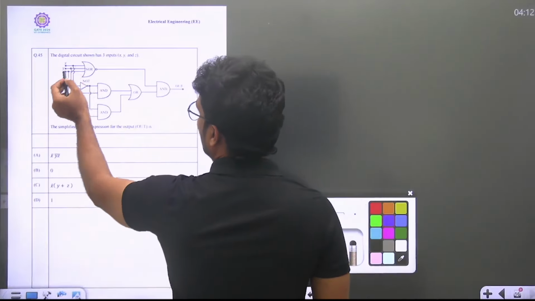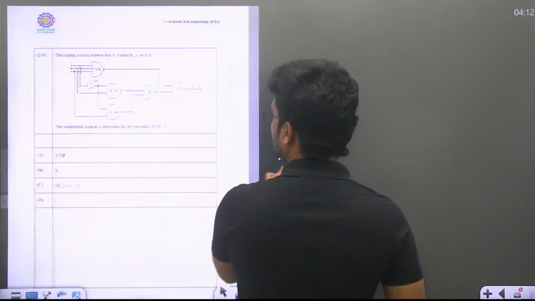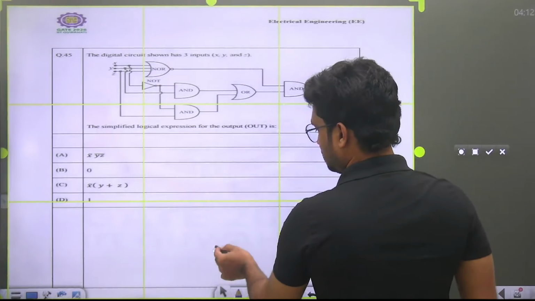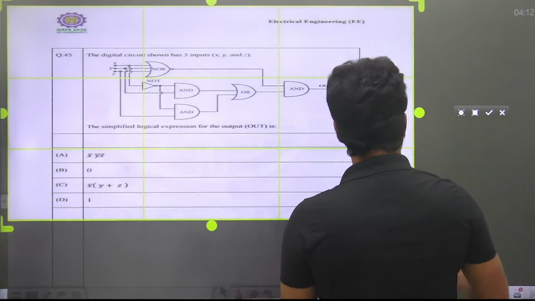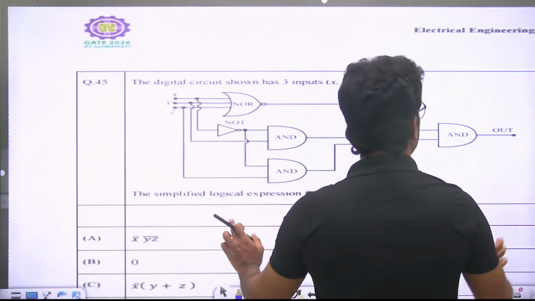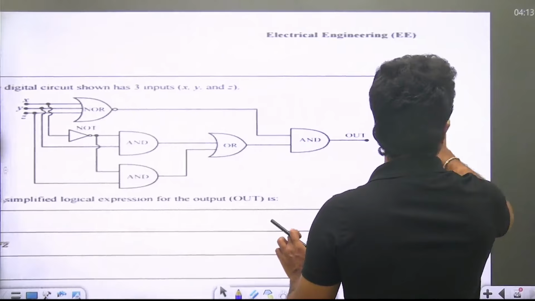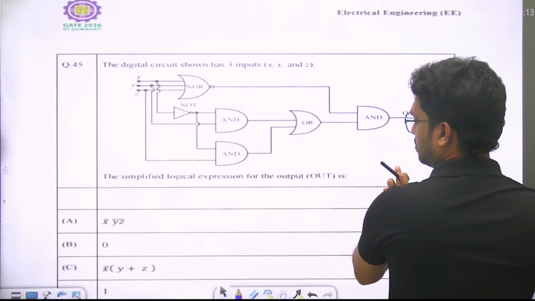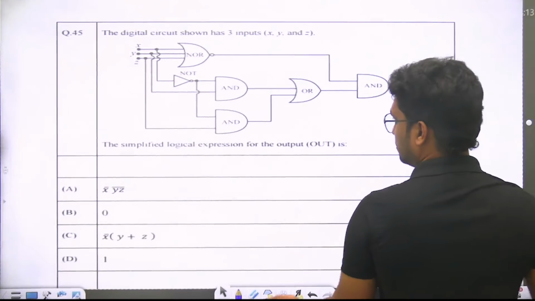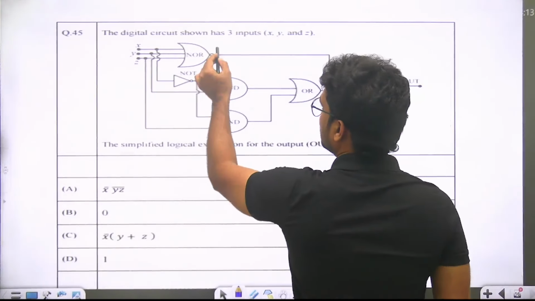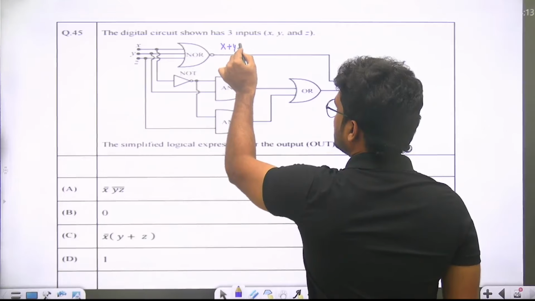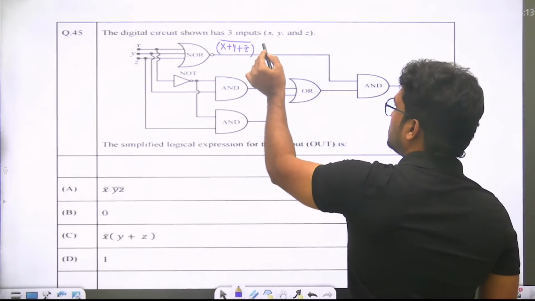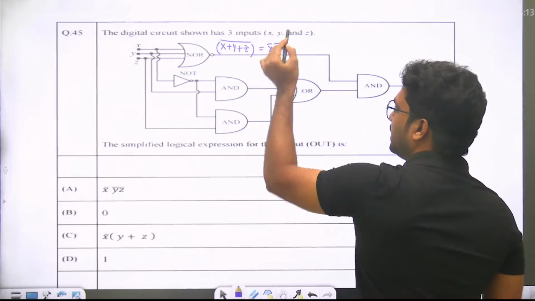Here X, Y, Z, the NOR operation is done. So let me increase the size so that it will be more visible. So here X, Y, Z: this will give you X plus Y plus Z whole bar, so X bar, Y bar, Z bar by default comes.